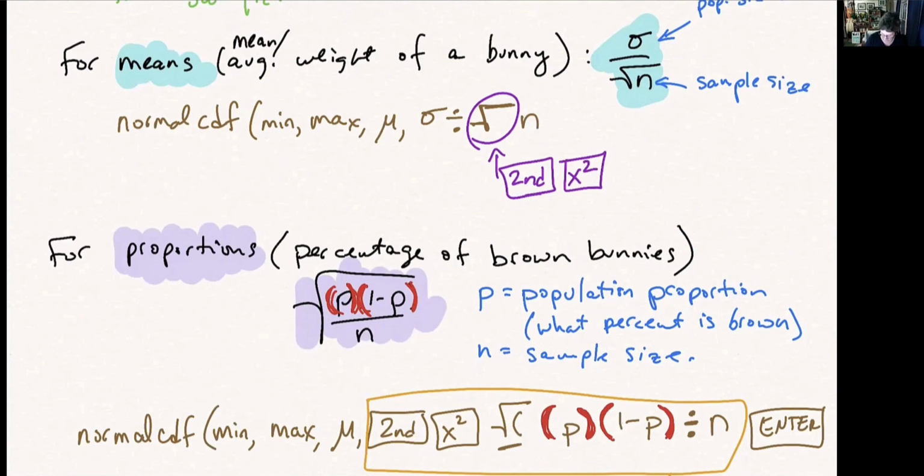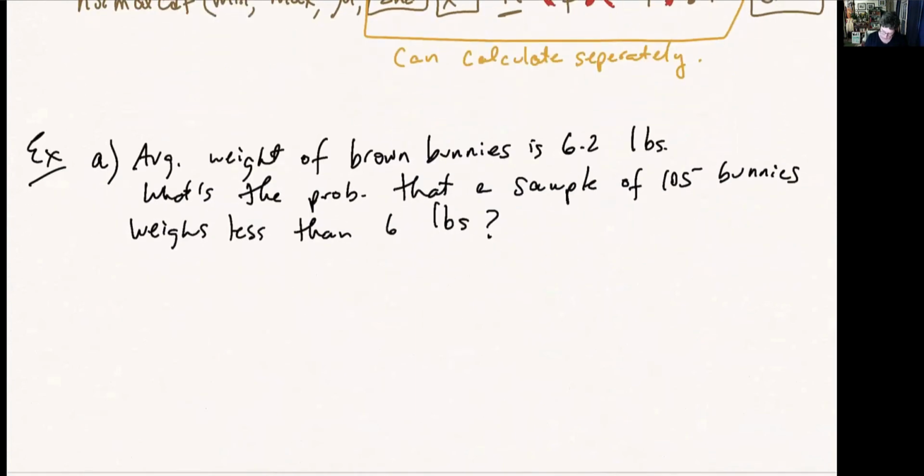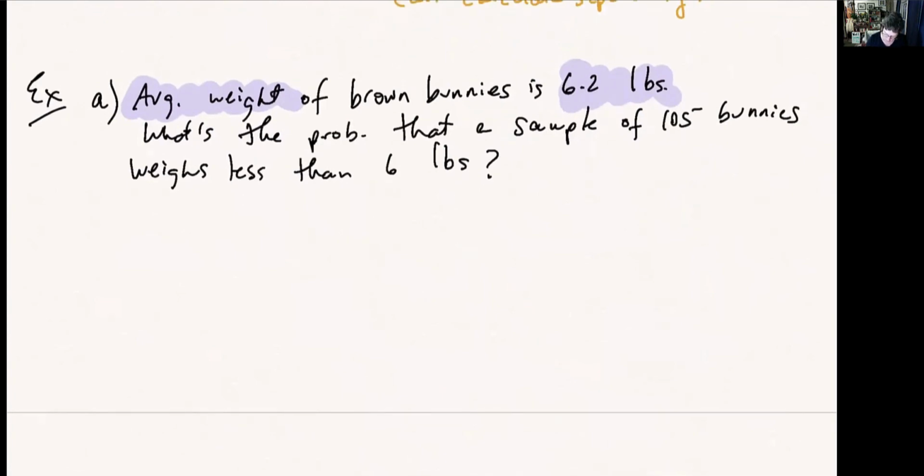And then up above for the means, you're just given a value. You're told the average weight of something; you'll be told the mean. This one I'm told that the average weight of bunnies is 6.2 pounds. That's not a percentage, which means I'm going to be using the means.